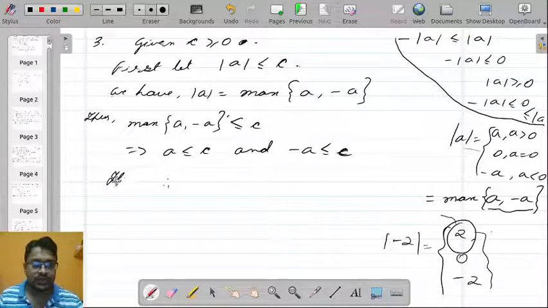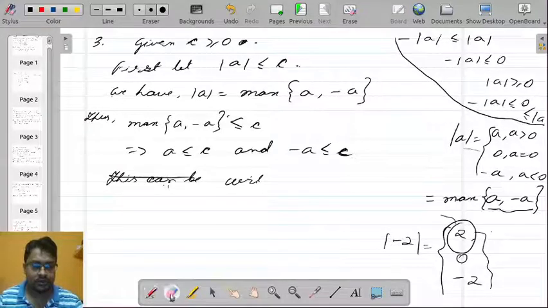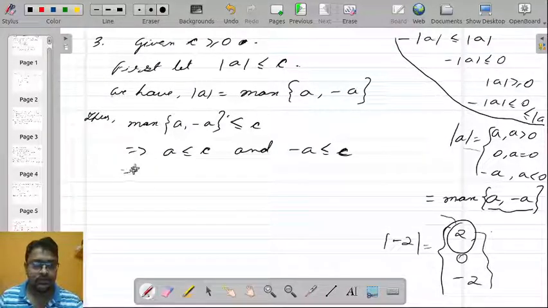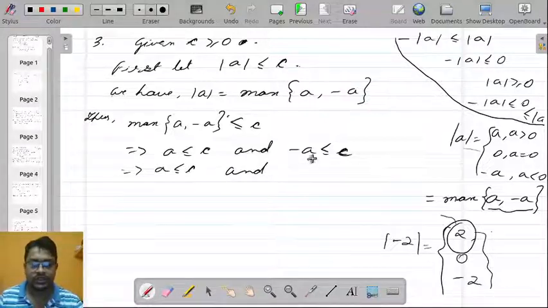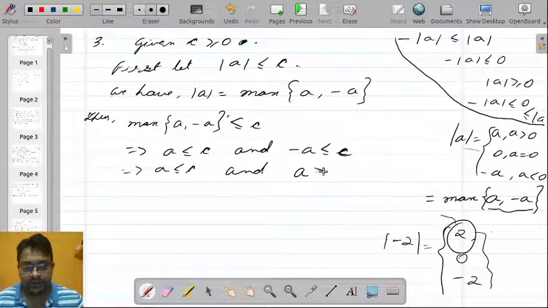So this can be written as A less than or equal to C, and if I just multiply with minus 1, then the inequality will get reversed. We have already seen.